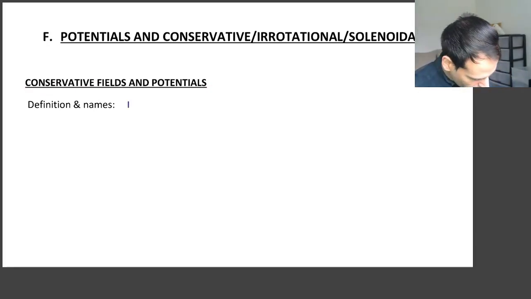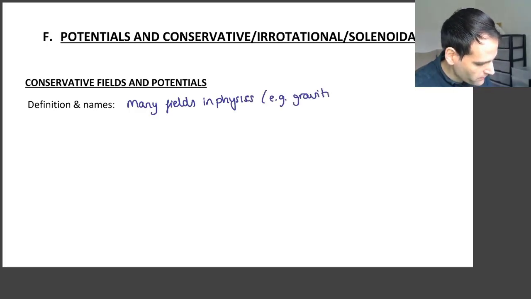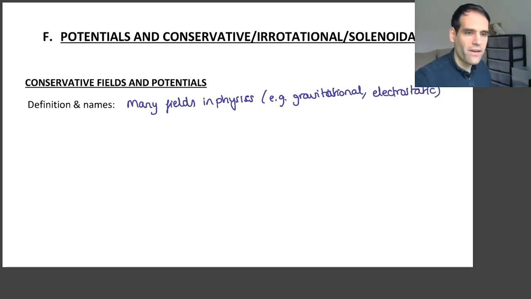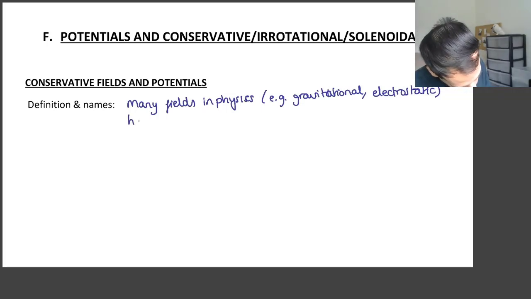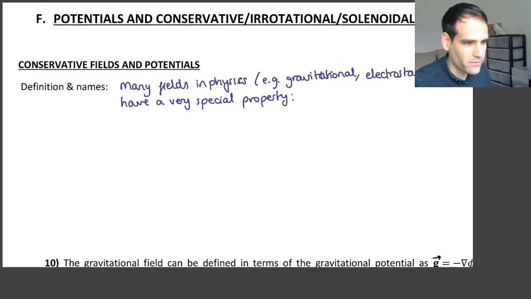Many fields in physics, for example, the gravitational field, also the electrostatic field, have a very special property. And the special property is the following. I can write it down here.